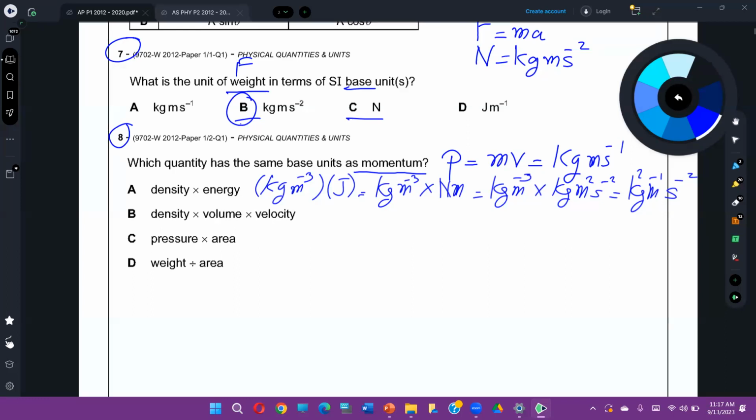Now, can you help me? Density into volume into velocity. Start working with me.